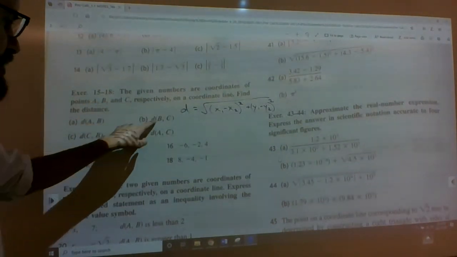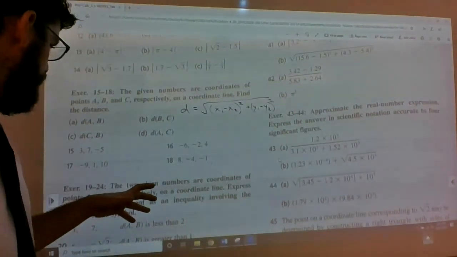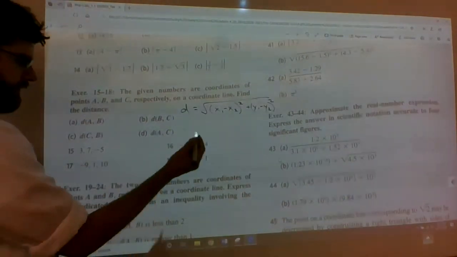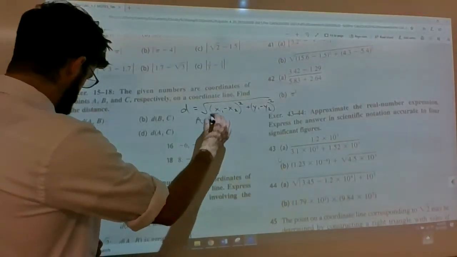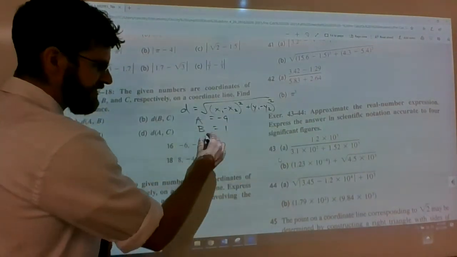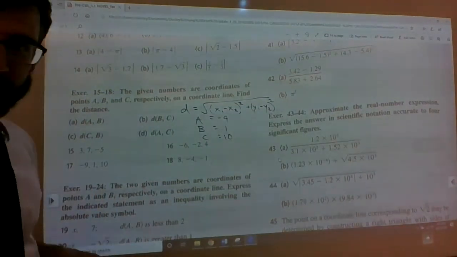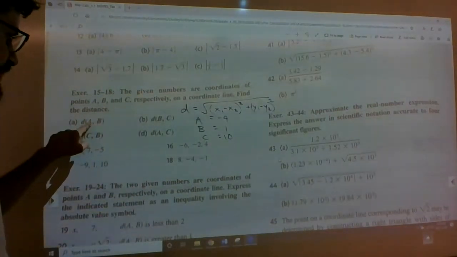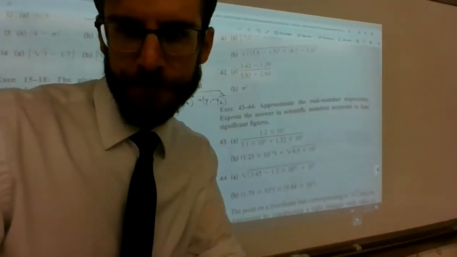So you're just finding the distance from one point to the next. On this particular example, they're saying that A equals -9, B equals 1, and C equals 10. So all you got to do is, for part A, plug in -9, 1. We need some room.